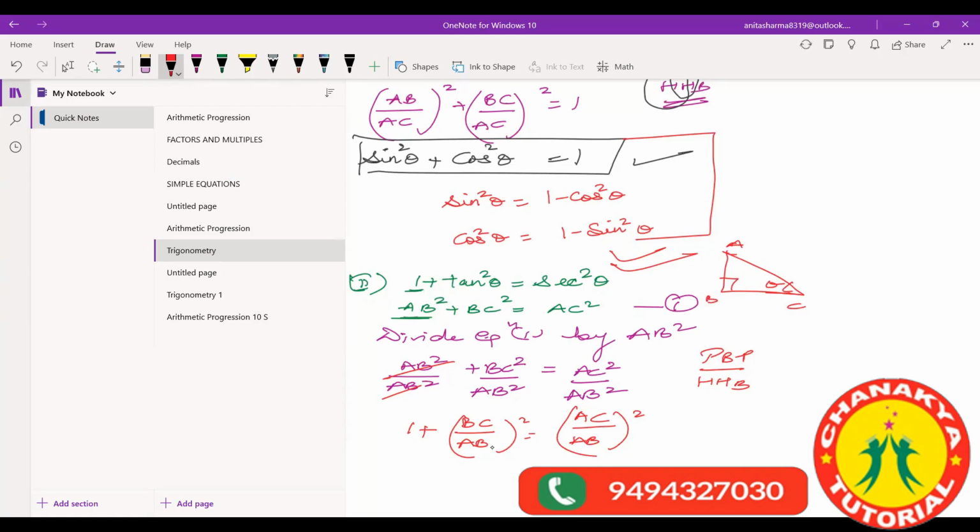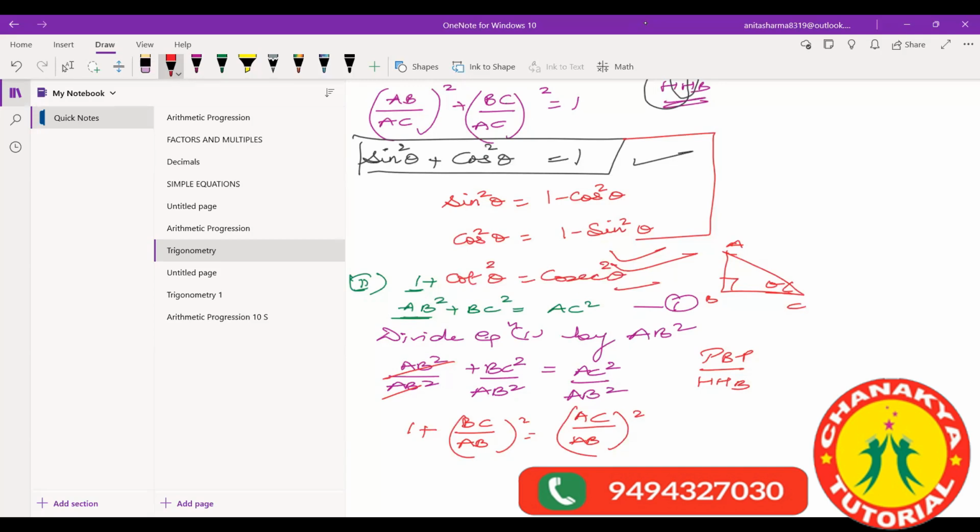And AC is your hypotenuse. So what can you write here? Ma'am, P by B. Actually, we have to divide here by BC, and I have divided by AB. So here we will write 1 plus cot square theta is equal to cosecant square theta. This is your identity. Okay.